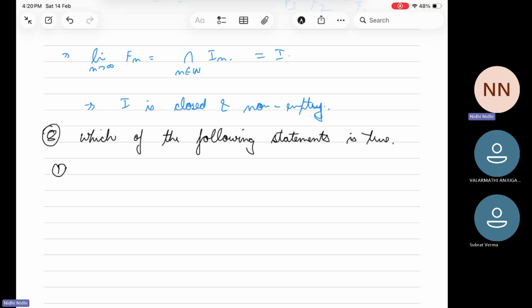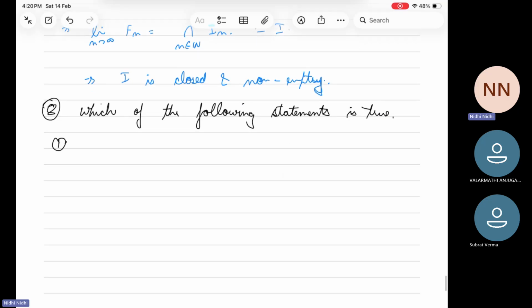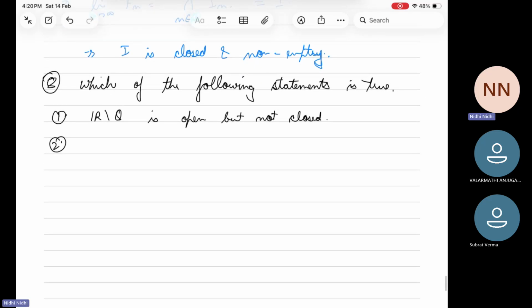First one says that R minus Q is open but not closed. Then we have R minus Q is closed but not open.